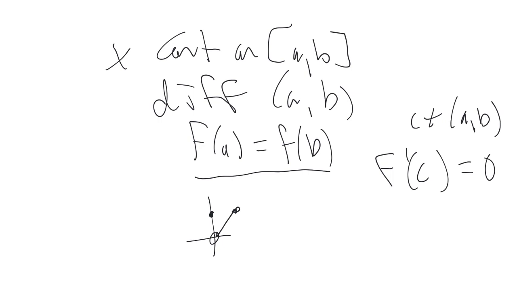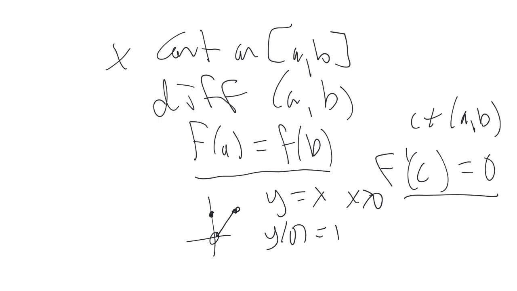That's differentiable, so that's y equals x, except I changed f of 0 to 1. That doesn't work because the endpoints match, but it's not continuous on the whole thing, and you still don't have a derivative ever equaling 0. All right, so those are the 3 ways to break Rolle's theorem for number 6.